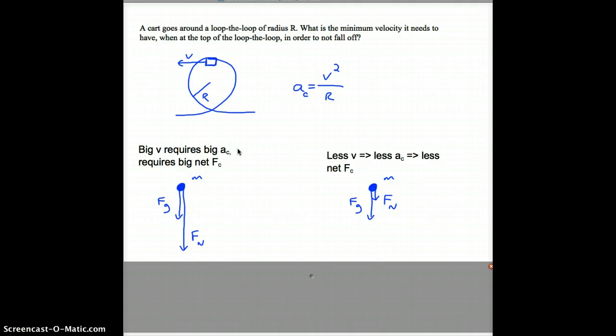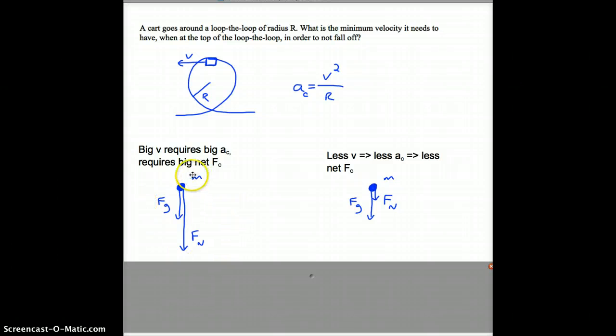So if there's a super big velocity, you could imagine that the cart presses into the track, and there's a large normal force in addition to the gravitational force. So there, the centripetal force is the gravitational force plus the normal force. And they together are the centripetal acting forces, or the centripetal acting combination of forces.